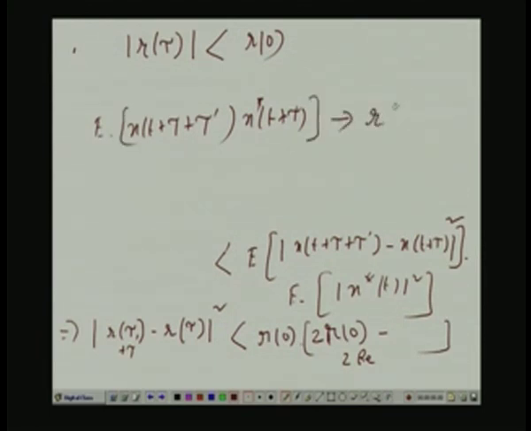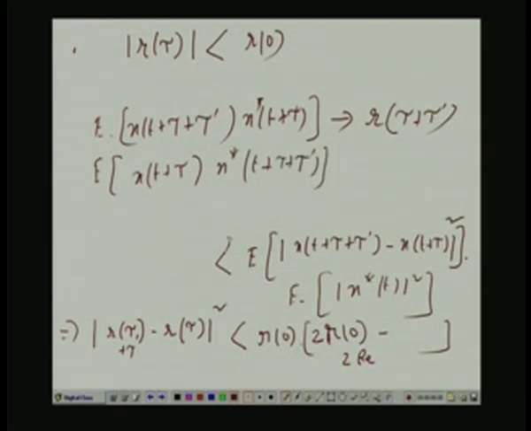R tau plus tau prime. The other cross term will give rise to the conjugate on the first, so x t plus tau, not conjugate, but x star. So it is nothing but the previous thing, but its conjugate value. So, a complex number and its conjugate is nothing but twice the real part of the complex number. That is what I write.